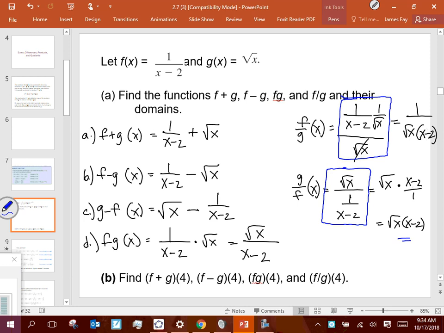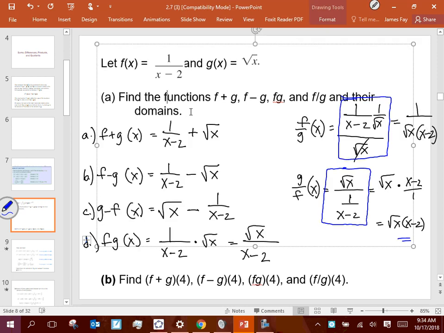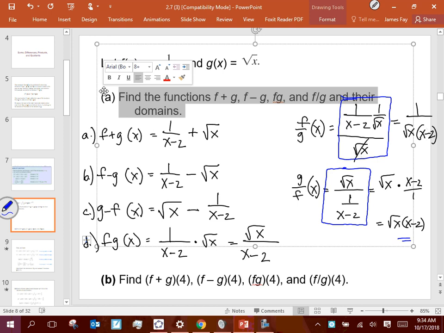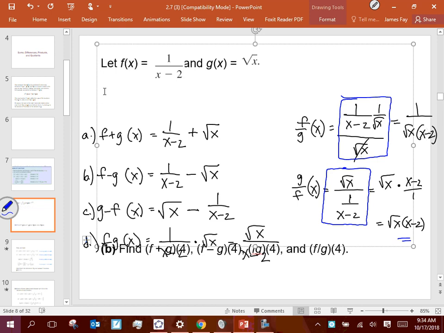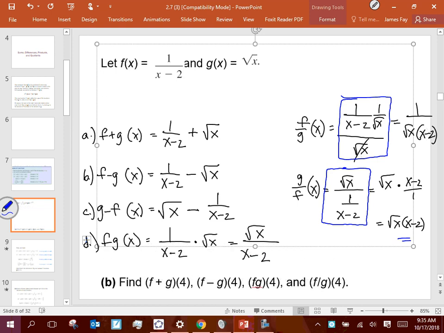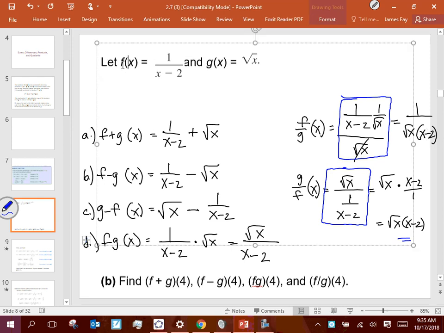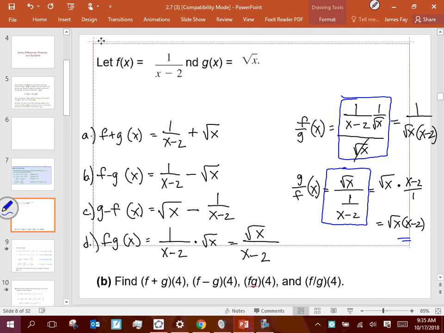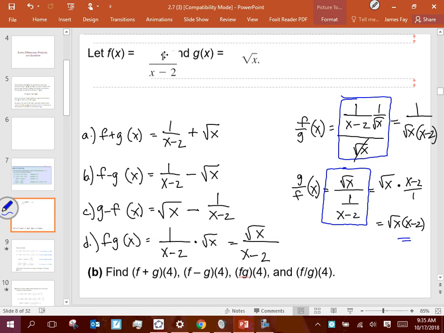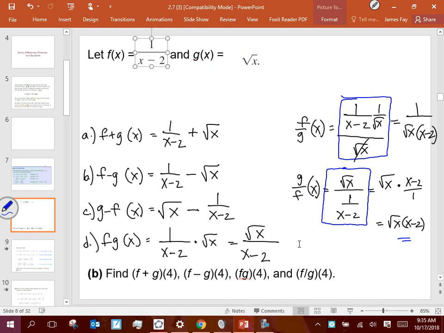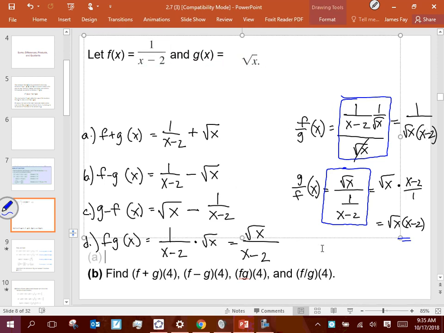Is it okay if I delete this phrase out of here? Give myself a little bit more room. I'm going to find the domain of f. And you can label these how you want to. I'm going to try to use what our definitions said in the previous slide.